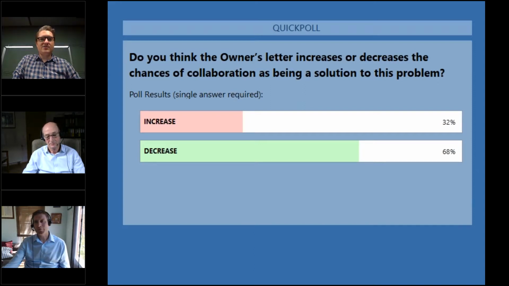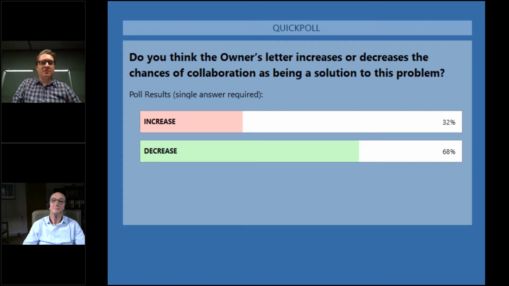Yeah, that's very interesting. Basically, two thirds of you think that this letter decreases the chance of any collaboration, and I would be inclined to agree. If I had a vote, which I didn't, that's the way I would have voted as well. John, do you have any observations? I think that it's not surprising.